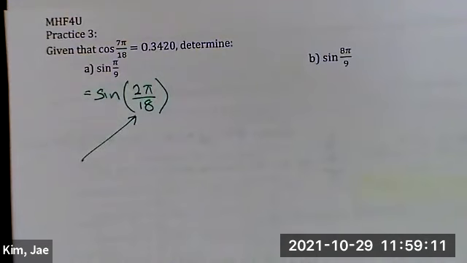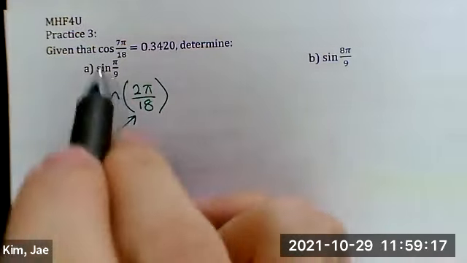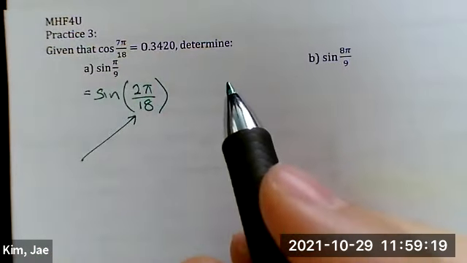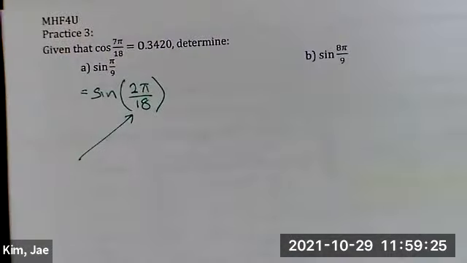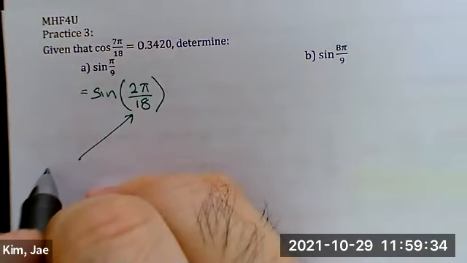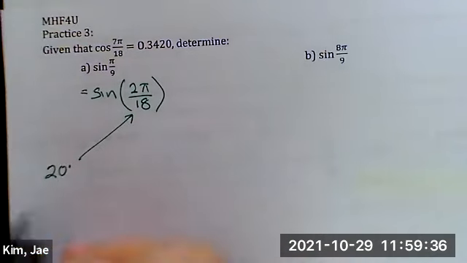What quadrant is this? So pi over 9. What quadrant is this? Your conversion if you need to. Pi over 9, multiplied by 180 over pi, is 20 degrees.